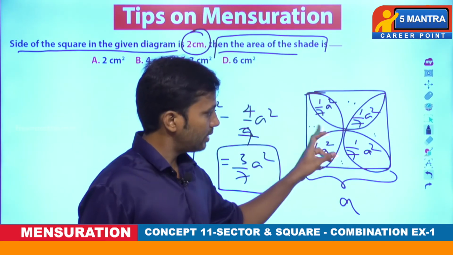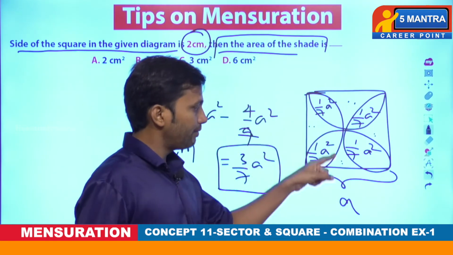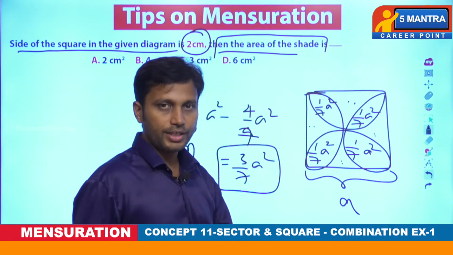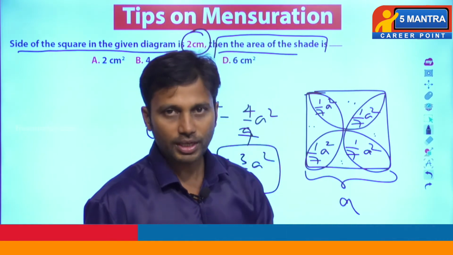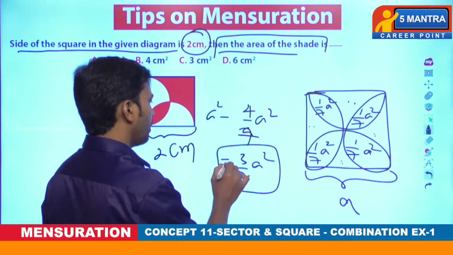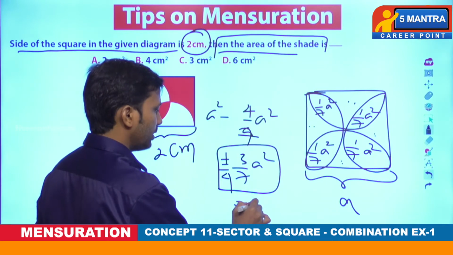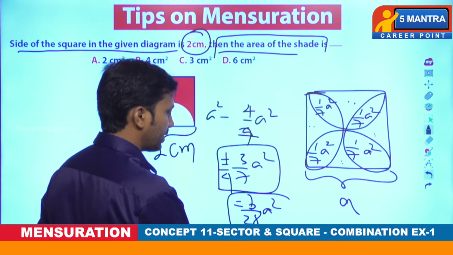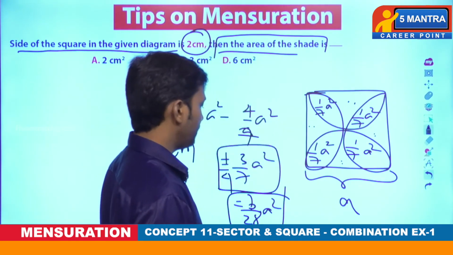Now here, the area of the total 4 gaps is 3 by 7 a square. Then if you divide into 4 equal parts, each one would be 1 by 4 times of that or not. So now what is each gap value? 1 by 4 times of this. 1 by 4 means what? 3 by 28 a square. Is that right or not? 3 by 28 a square.